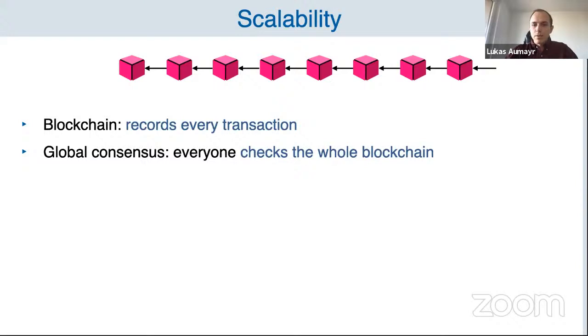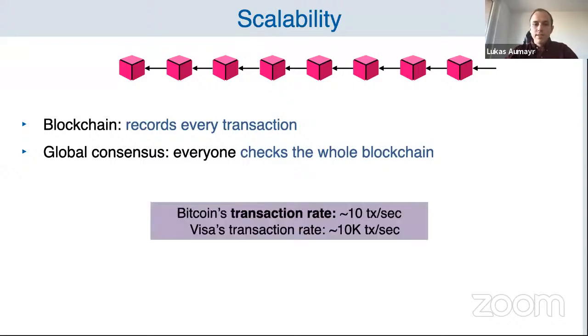This, among other things, highly limits the transaction rate of cryptocurrencies. Bitcoin manages only about tens of transactions per second, which is not a lot compared to more centralized systems such as Visa, which can handle peaks of tens of thousands of transactions per second. It's quite a big difference.